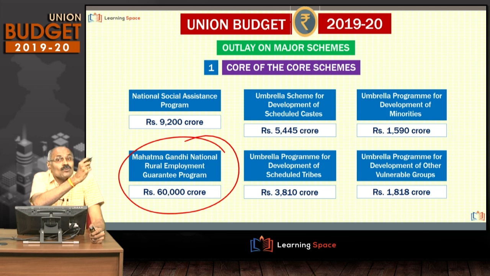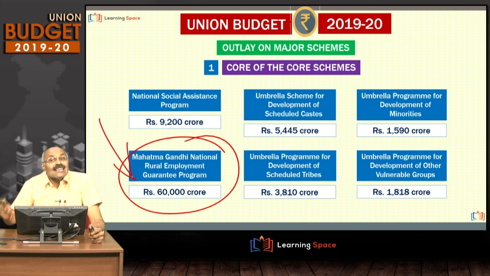In fact, it is slightly reduced. Though it is increased in comparison to budgetary estimates for 2018-19, in comparison to revised estimates, it is reduced by around 1,000 crores of rupees, right?